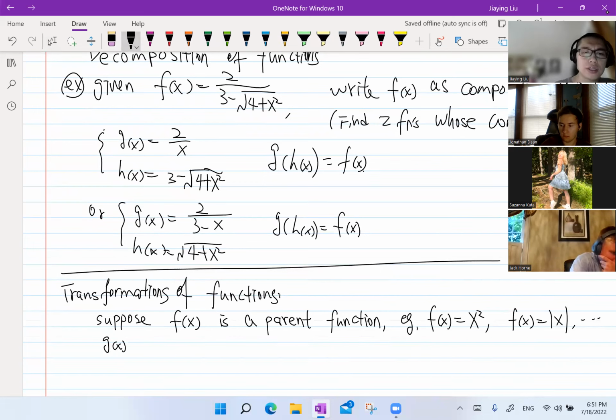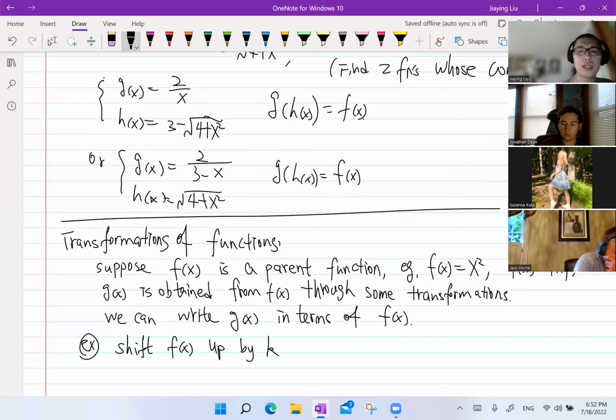Then we can write down a formula for g of x in terms of f of x. I'm going to give you examples. For example, suppose g of x is obtained by shifting f of x up by k units.